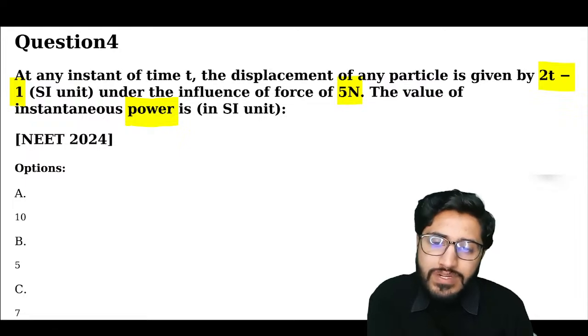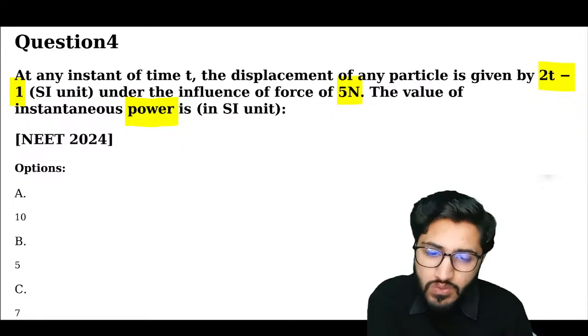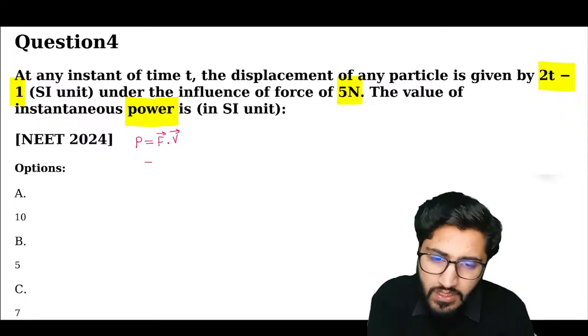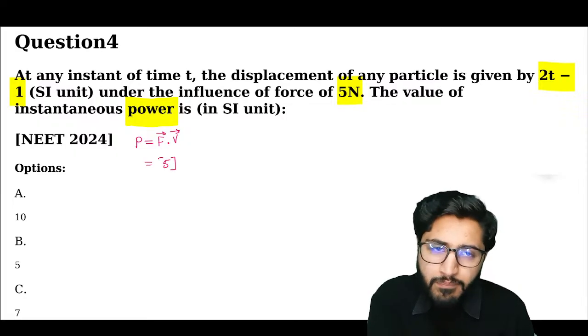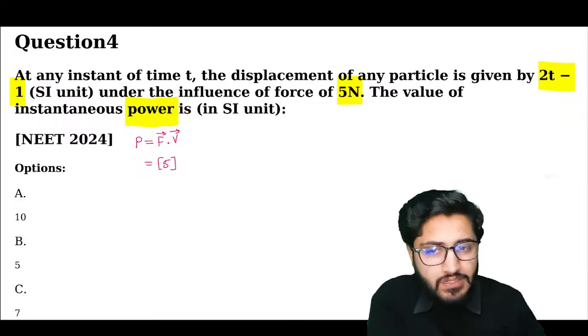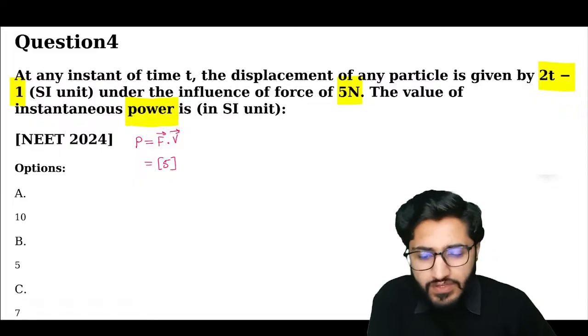So now, what is the equation of power in terms of velocity and in terms of force? So we know that, sir, power is equals to force dot velocity. We know it, and force is given to be 5. But velocity we don't know. We have displacement, no? But if we differentiate the displacement with respect to time, we will get a velocity.